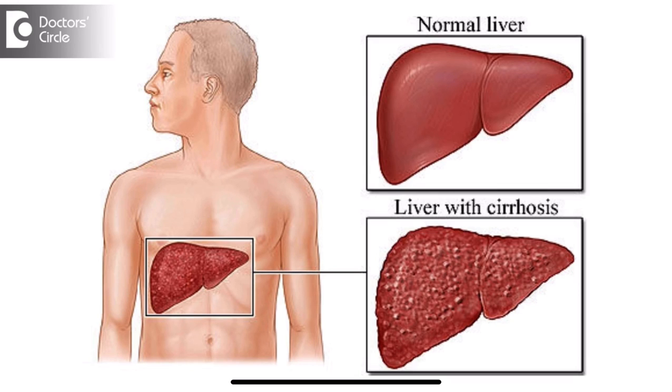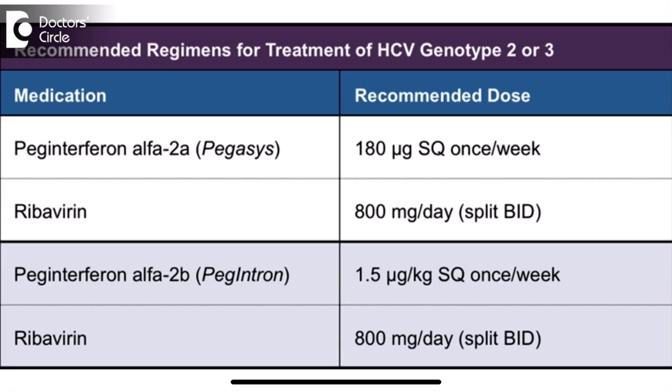In case the cirrhosis has already occurred, then the duration of treatment has to be longer, of 24 weeks. Without cirrhosis, in both the conditions, the treatment ranges between 12 and 24 weeks. So the current treatment is with a combination of Sofosbuvir and Ribavirin. These are the 2 agents which are used to treat HCV2.